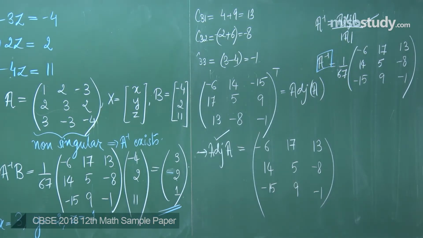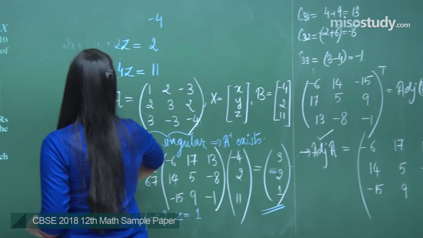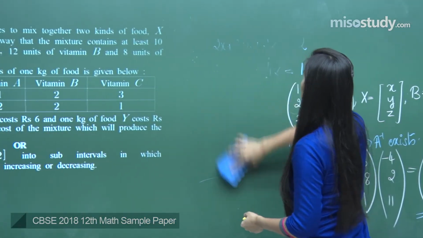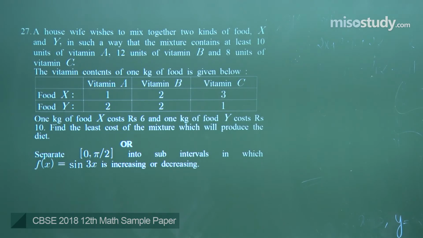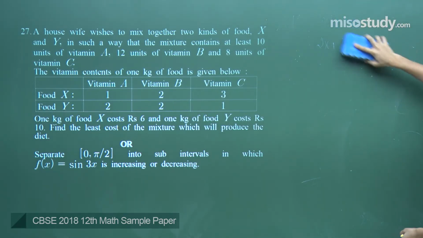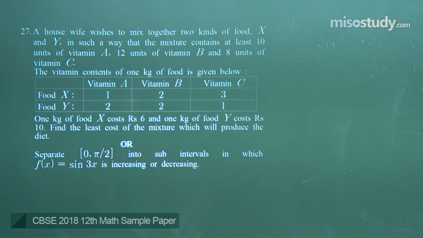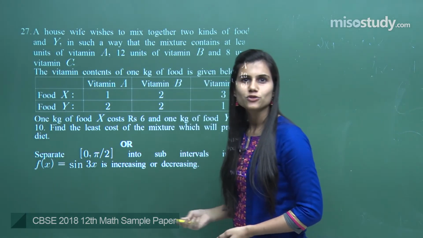Okay students, let's start dealing with the next question. Very interesting section concerning a linear programming problem. Just take a look at it. Try and understand what the question is demanding, and then we are going to deal with it. So could you understand what this housewife is trying to do?